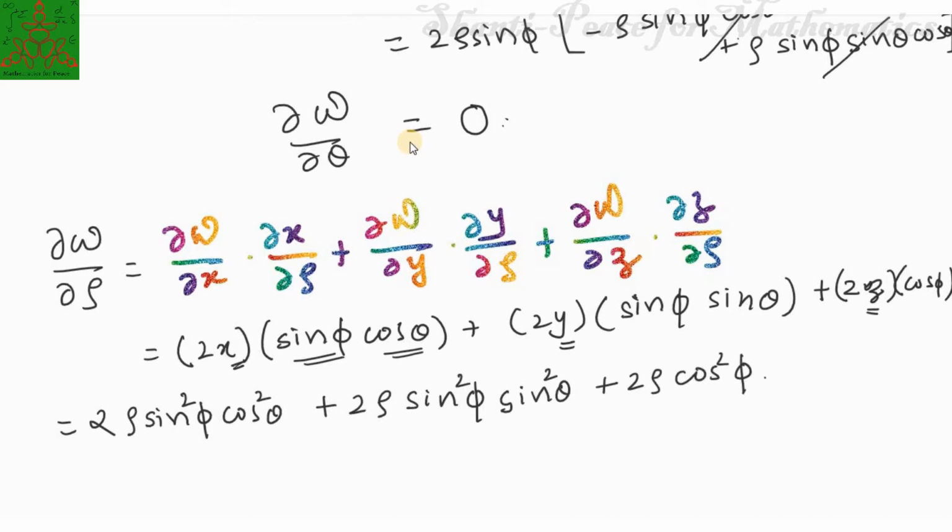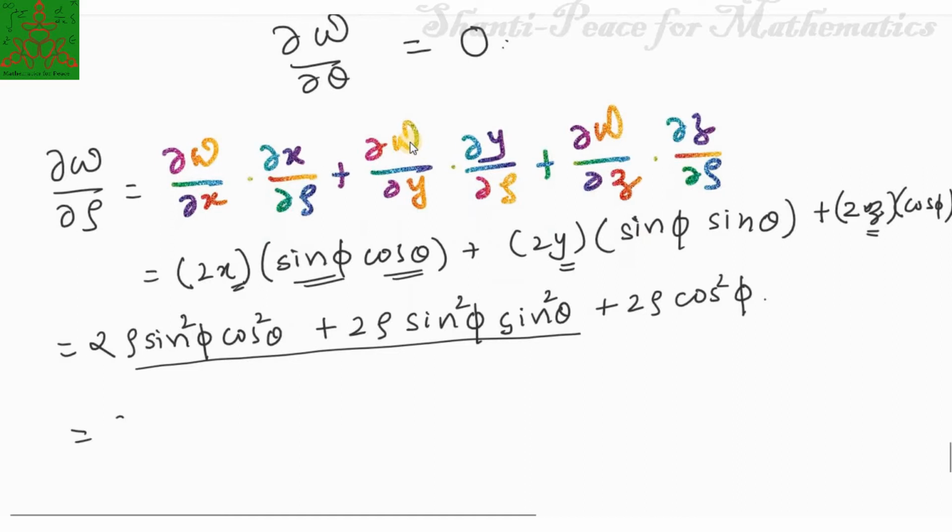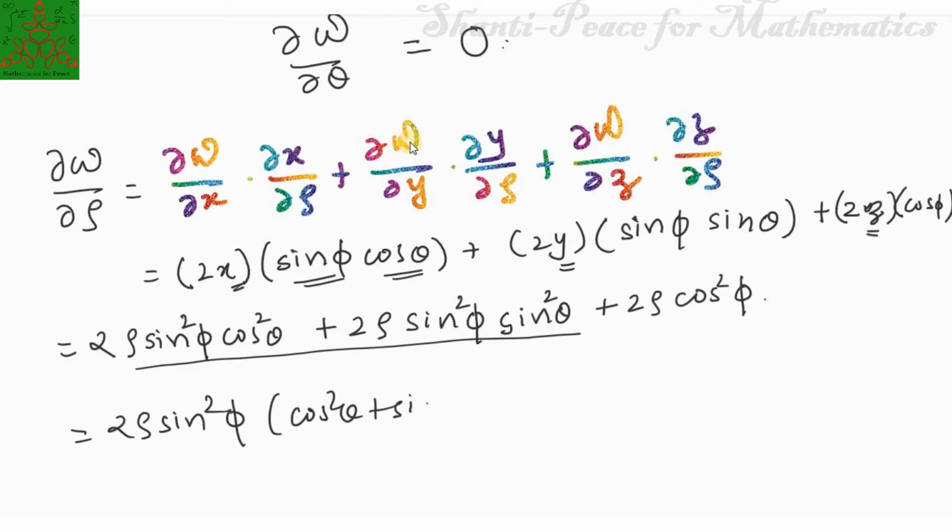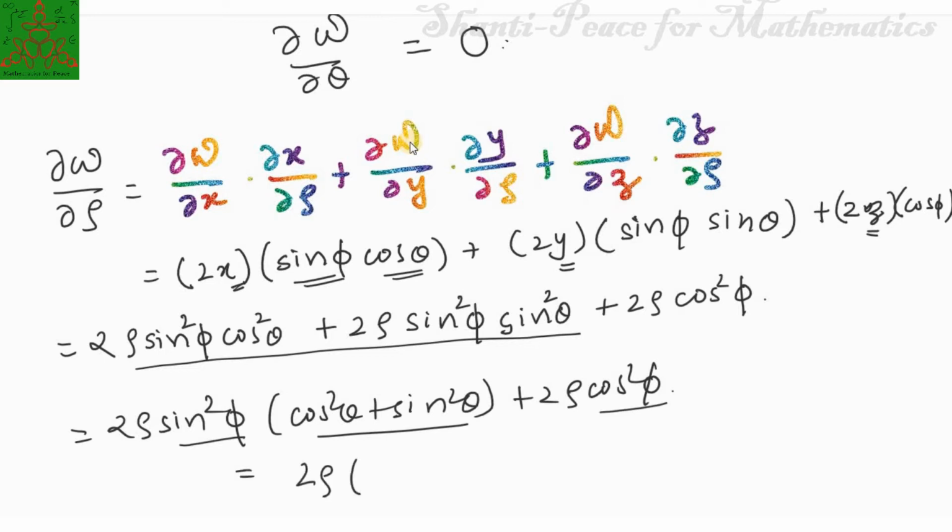Now 2 rho is common out, and from these 2 terms sine square phi is common out, so you will have 2 rho sine square phi into cos square theta plus sine square theta plus 2 rho cos square phi. So cos square theta plus sine square theta is 1, and 2 rho is also common out into 1, so it is 2 rho.